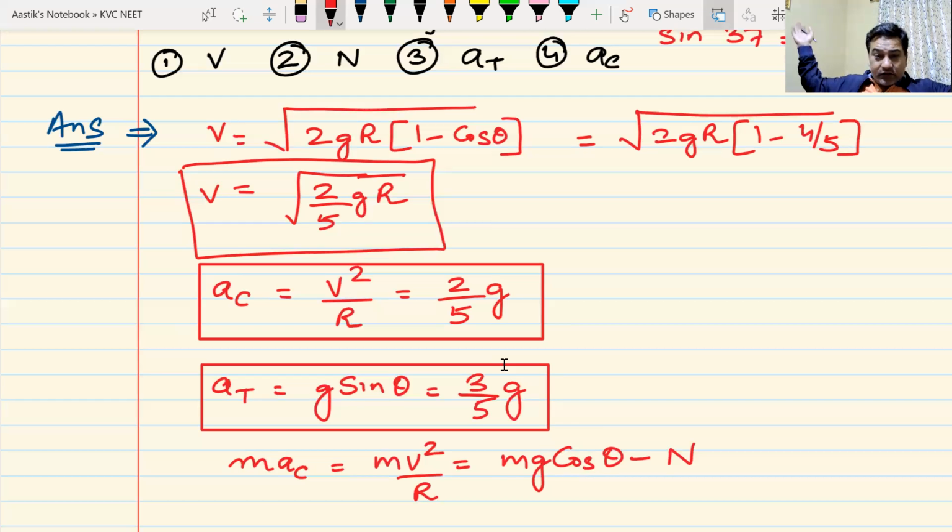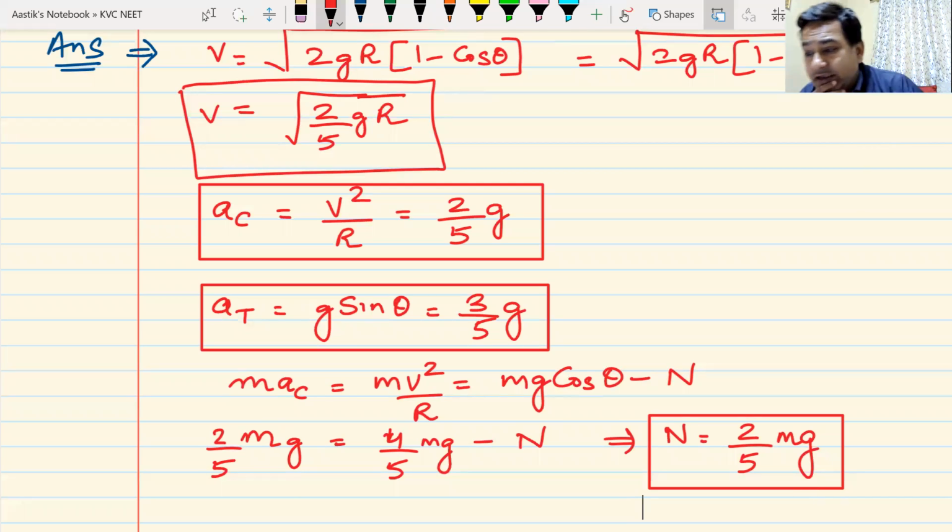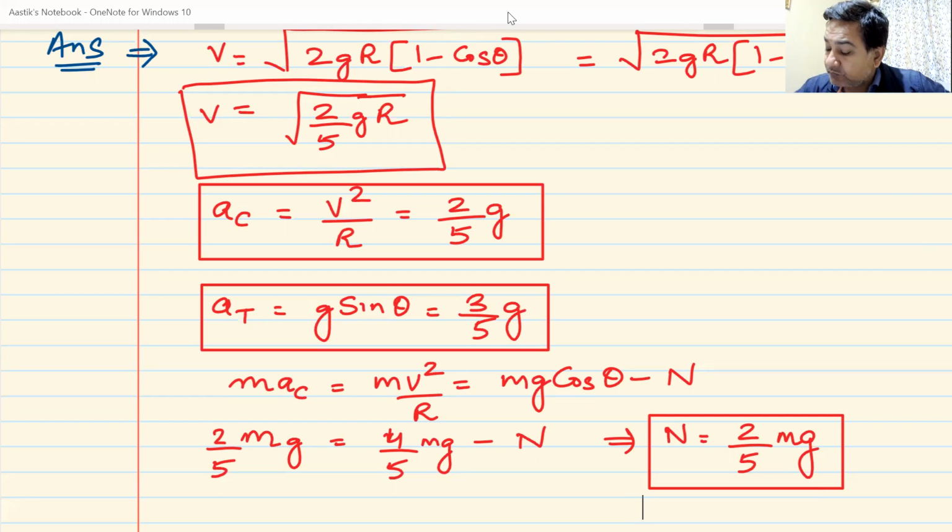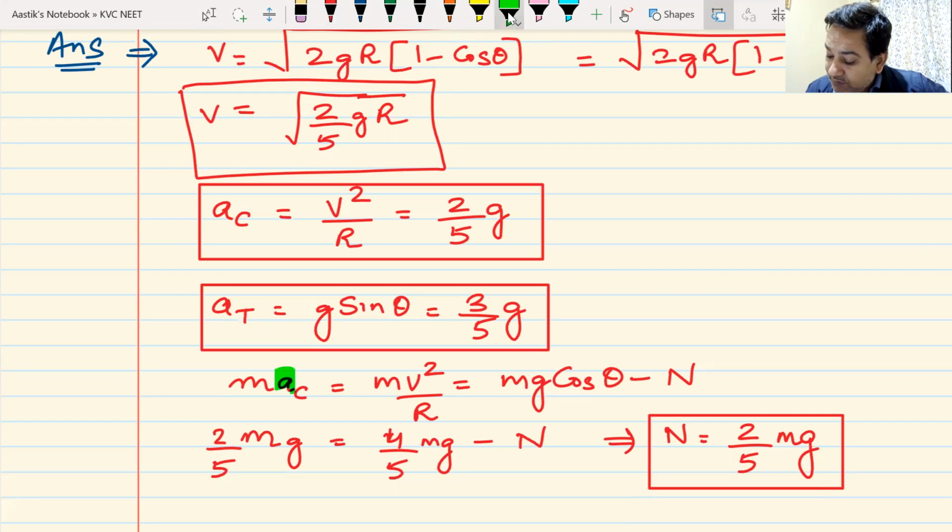As you can see, so far so good. I just put the value of ac. ac is 2 by 5 times g in this equation.